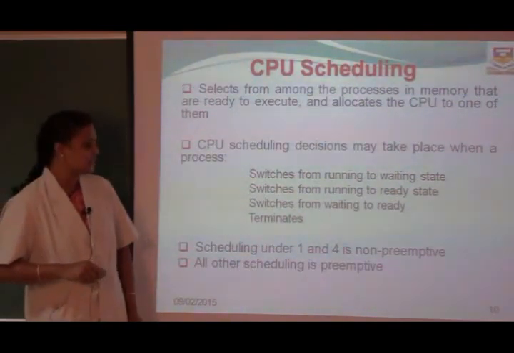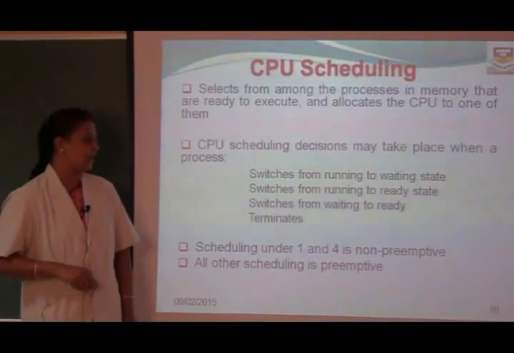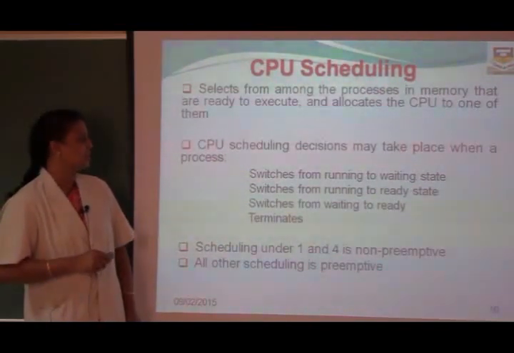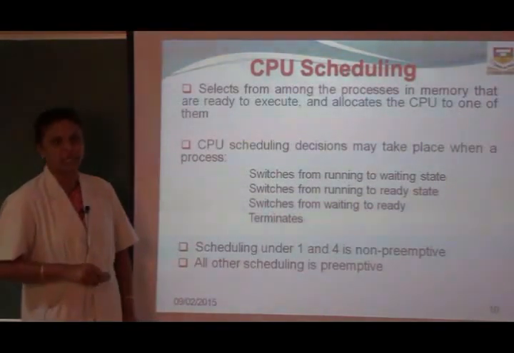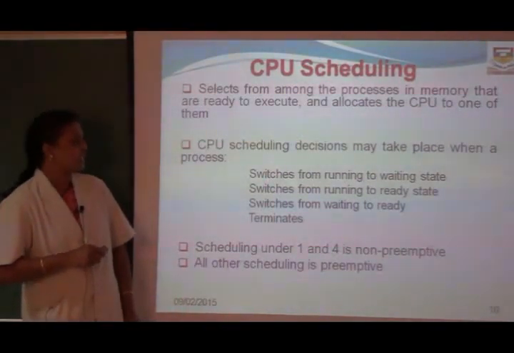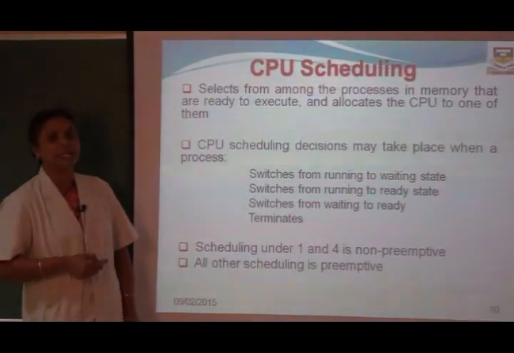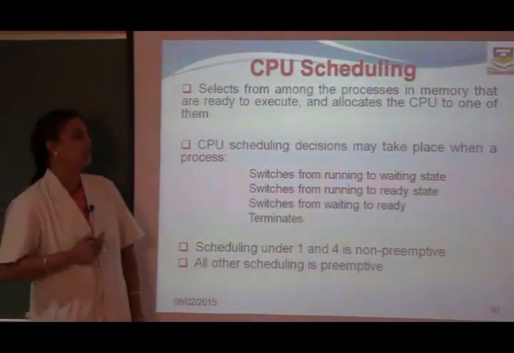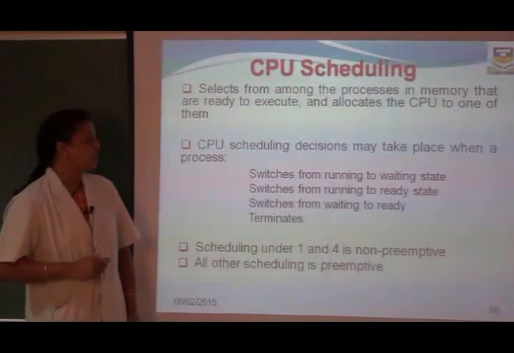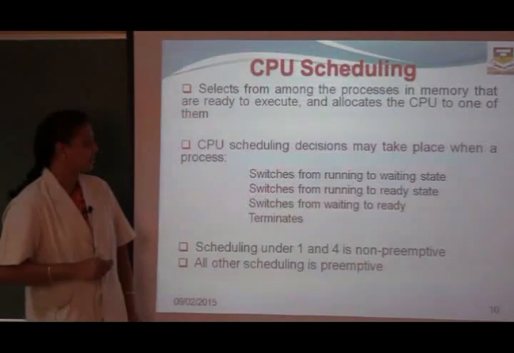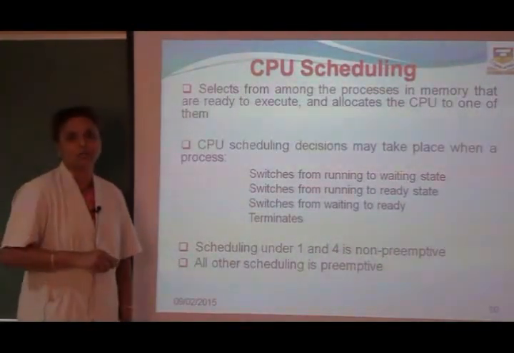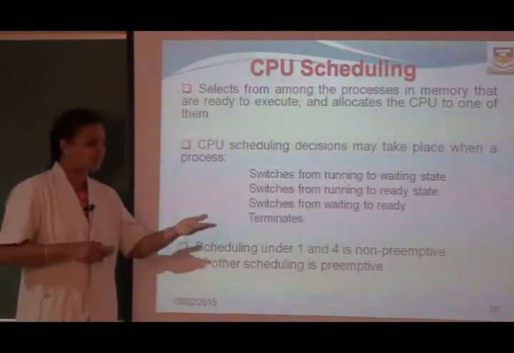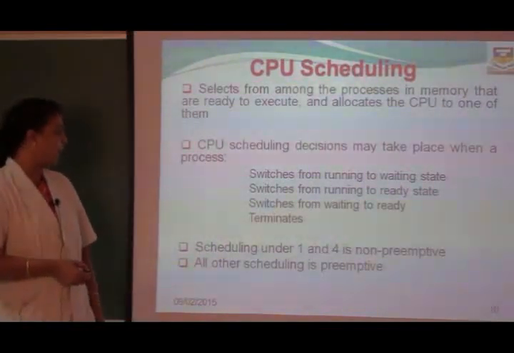This is called preemptive scheduling. Here the first scenario and the last scenario are non-preemptive, since in both cases the process voluntarily releases the CPU. The CPU is not preempted in these two cases. But in the second and third cases, the CPU is preempted from the currently executing process and assigned to some other process.